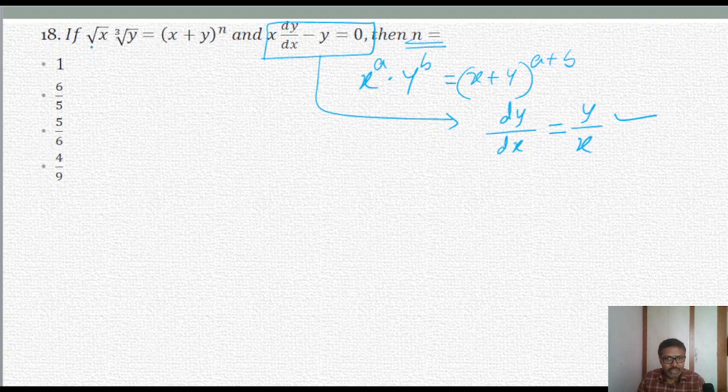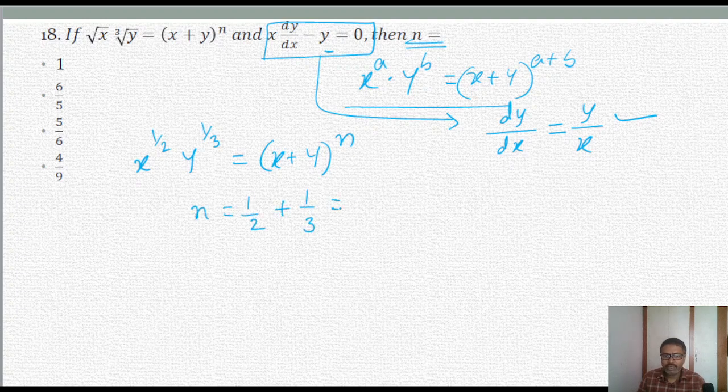That means here you have x to the power 1 by 2, I am writing root as 1 by 2, and y to the power 1 by 3, that is x plus y whole to the power n, which is in this form and giving you this result. So directly n is equal to 1 by 2 plus 1 by 3, take LCM as 6, so it is 3 plus 2 and your answer is 5 by 6.